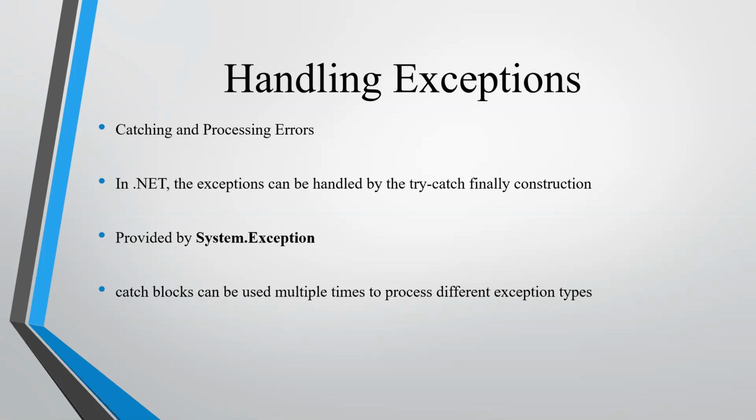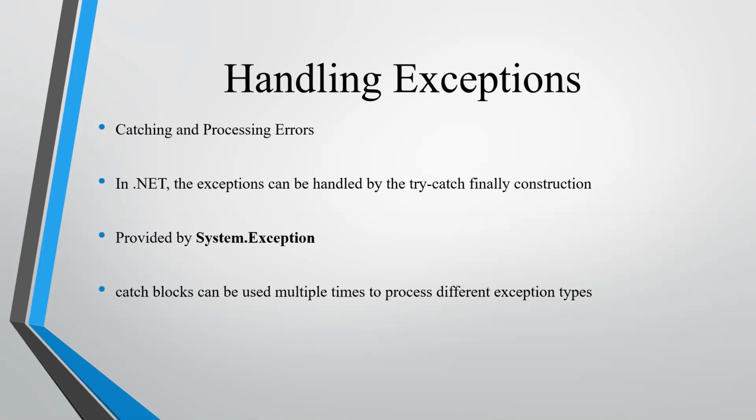Next is handling exceptions. Handling exceptions in layman terms means catching and processing the errors which we get during the execution of a program. In .NET, the exceptions are handled by try, catch, finally blocks, which we'll see in detail. All the exceptions are provided by system.exception class, which is the base class, or you can say the parent class, for all kinds of exceptions in .NET.